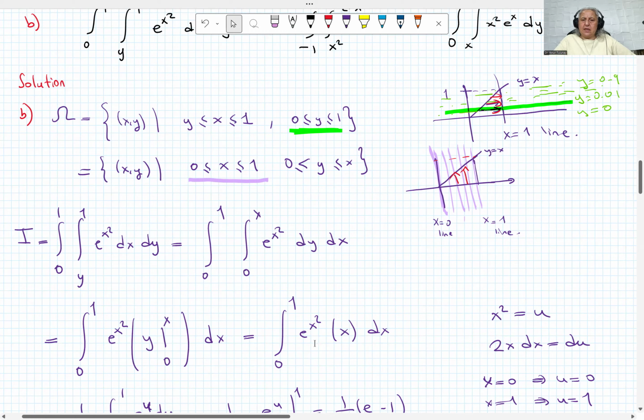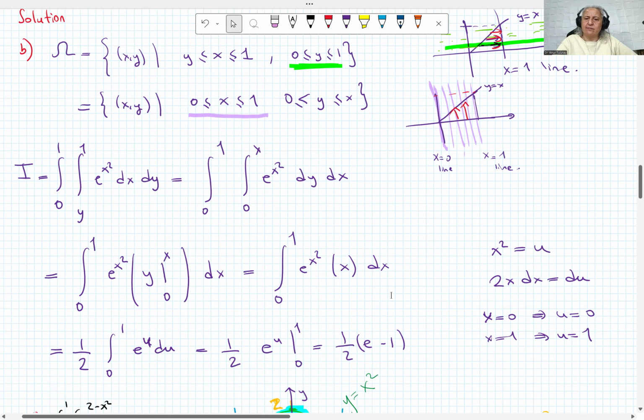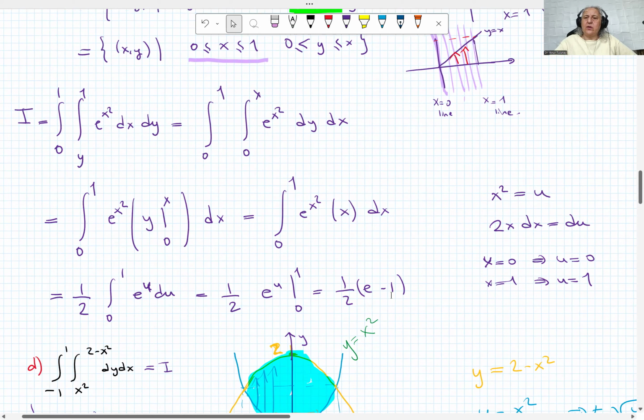If we put the x here, we have the integral from 0 to 1 of e to the x squared times x dx. So if you have x squared equal to u, then 2x dx is du. If you change this variable, you need to look at how the boundary changes. x equals 0, u equals 0; x equals 1, u equals 1.